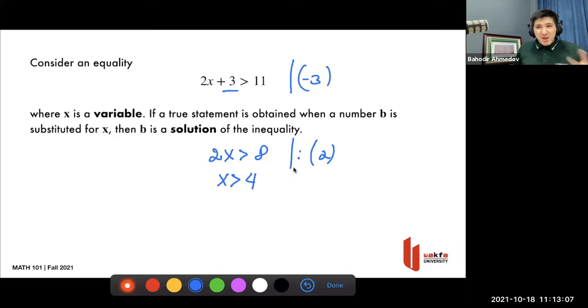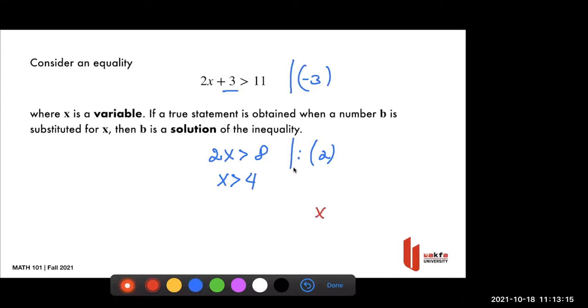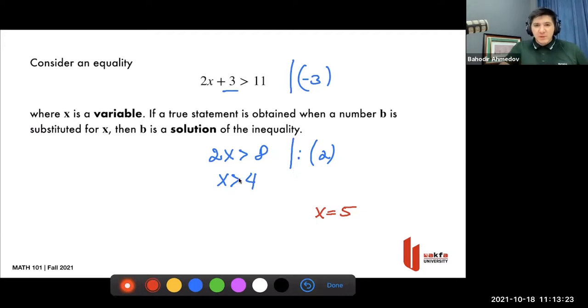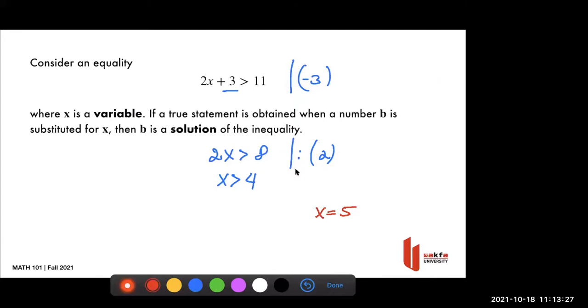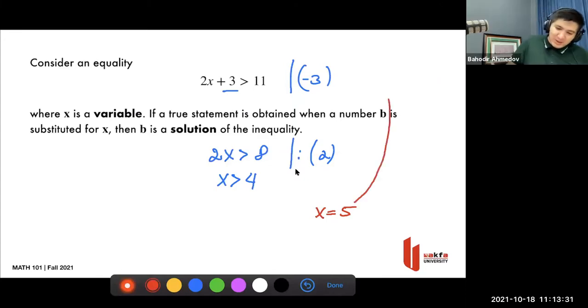So could you please give me a couple of examples of solutions of this inequality? For example, x equal to 5 is a solution, right? Why? If you substitute this into the inequality, it is going to be true.